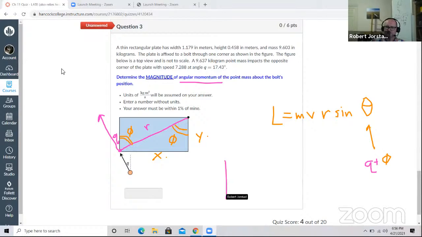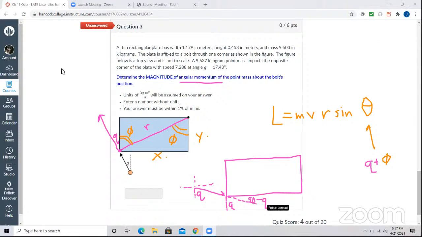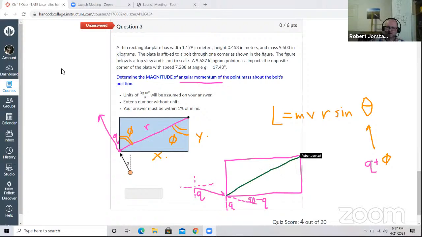But depending on where you shoot this thing, if you do the same problem and shoot it at a different angle like this, and I asked you for this angle being Q, then you'd have to do some more geometry: if that angle's Q, this angle's Q, and then this angle would be 90 minus Q. Again, you could also have the distance here, this would be R, maybe this is Y, and this is X. It might not be the same as that other picture, but in this problem theta might have been 90 minus Q plus phi.